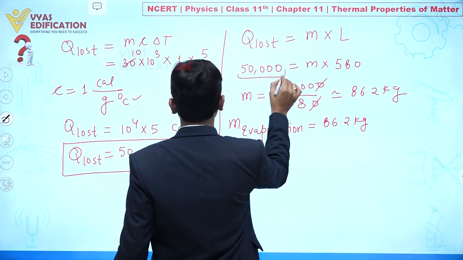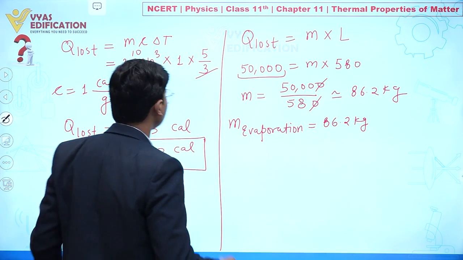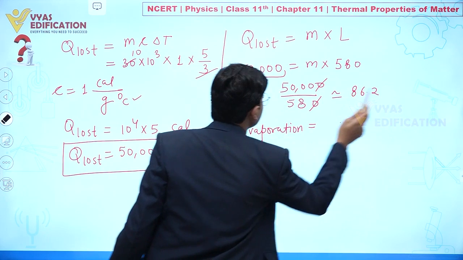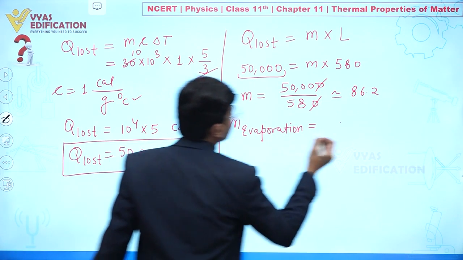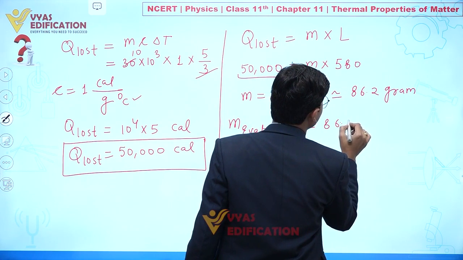Gram, because you are writing this value in terms of calorie, and this is also calorie per gram. So here you will find this value in gram. So the mass of evaporation we find is 86.2 gram.